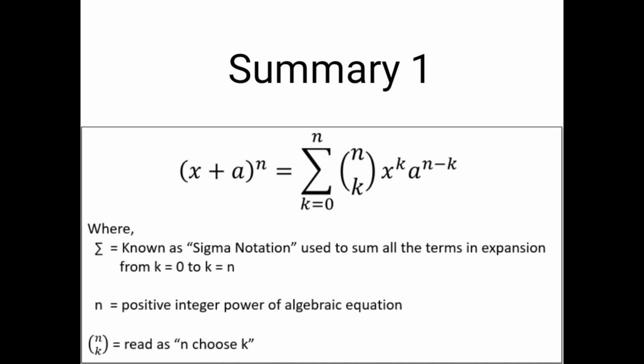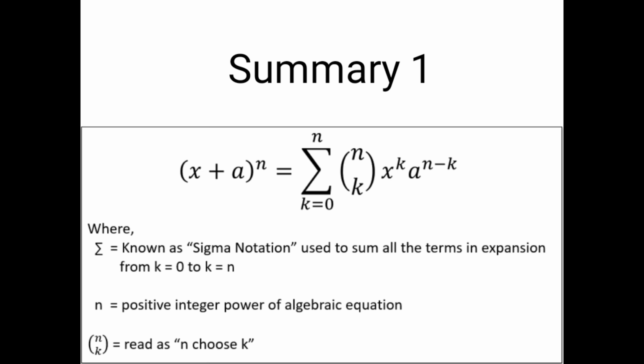Summary 1. Under summary 1, we have that (x plus a) raised to the power n is equal to the sum of n choose k times x raised to the power k times a raised to the power n minus k, where k goes from 0 to n.